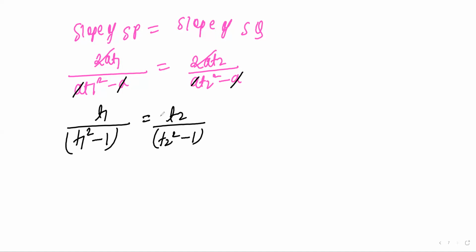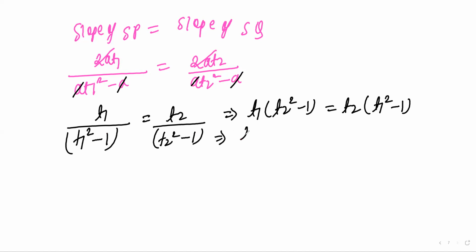Understood up to this point? Then cross multiply and solve it, then you will get the product value. So after multiplying, T1 into T2 square minus 1 is equal to T2 into T1 square minus 1. So it is T1 T2 square minus T1 is equal to T2 T1 square minus T2.